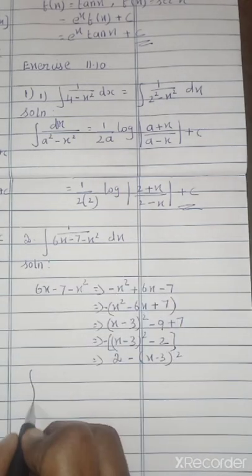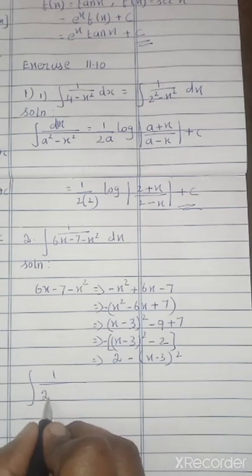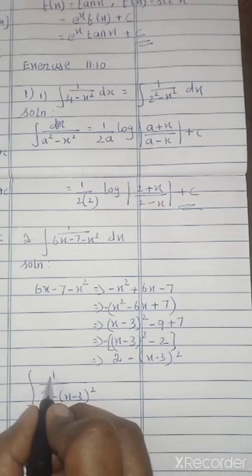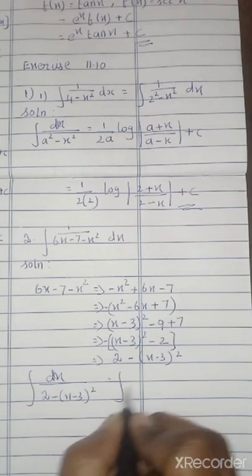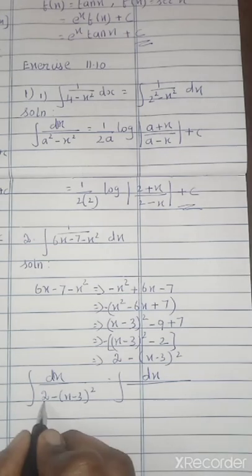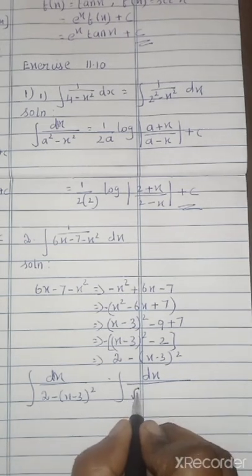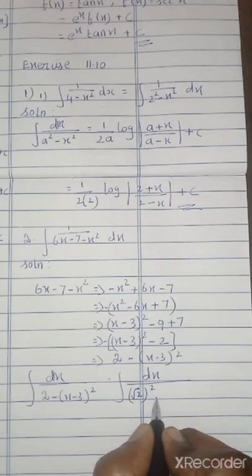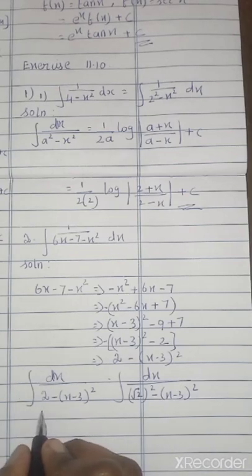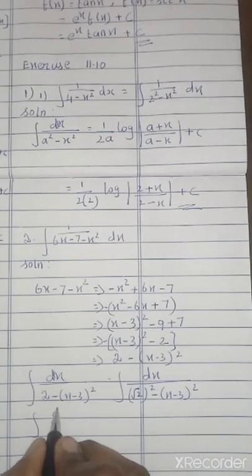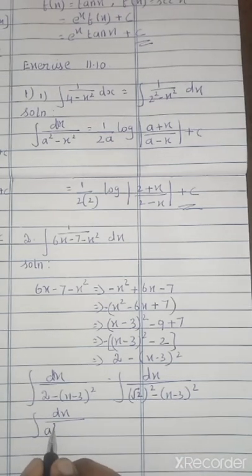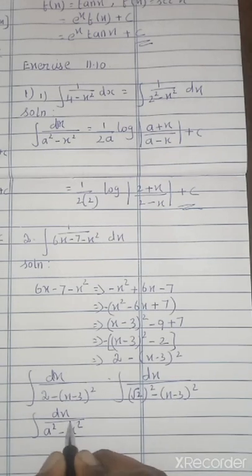Now you can write this question as integral 1 by 2 minus x minus 3 the whole square dx. Again you can write this as integral dx by, always we want square here, but it is 2 given, so we can write this as root 2 the whole square minus x minus 3 the whole square. Now you can use formula integral dx by a square minus x square formula, correct?